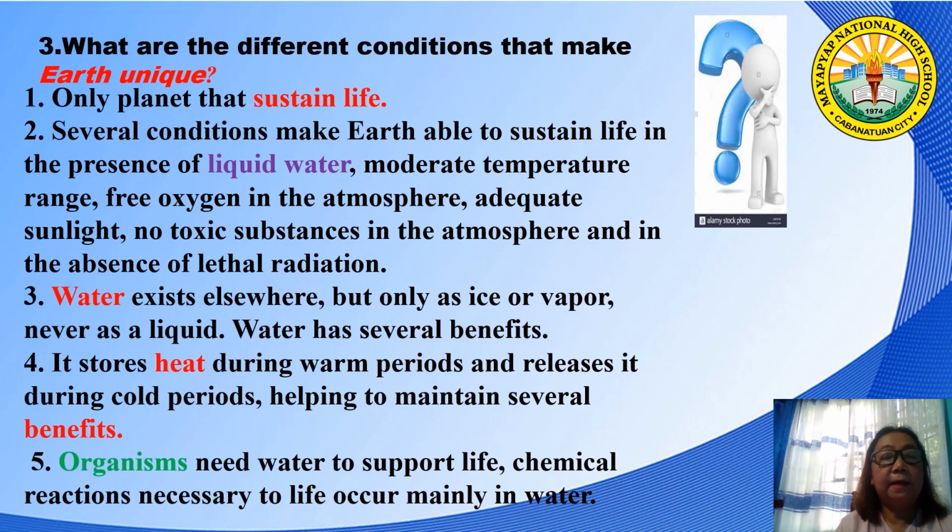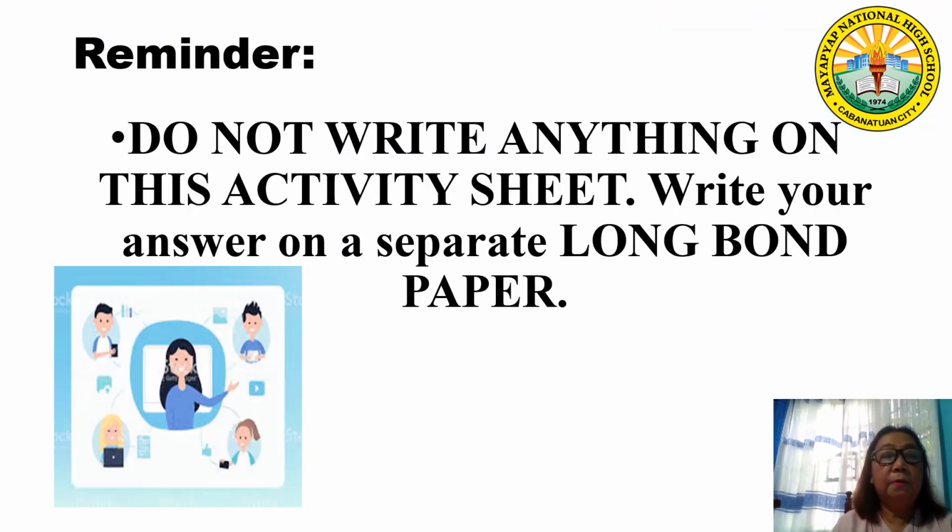We studied that it is the only planet that has sustained life. The Earth sustains life because of the presence of liquid water, moderate temperature, free oxygen in the atmosphere, adequate sunlight, no toxic substances in the atmosphere, and the absence of lethal radiation, and also the water and the organisms.